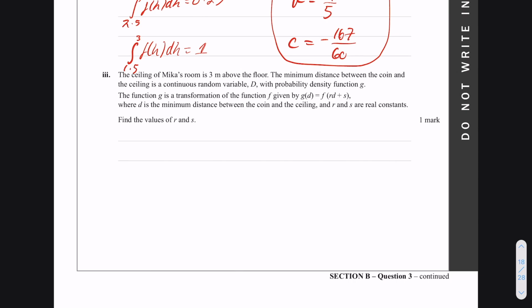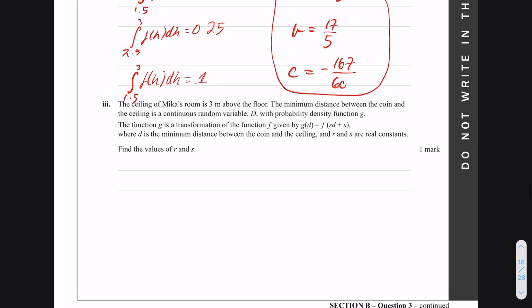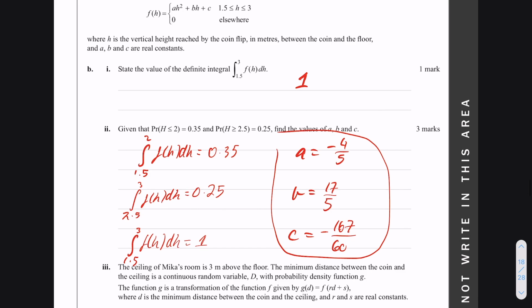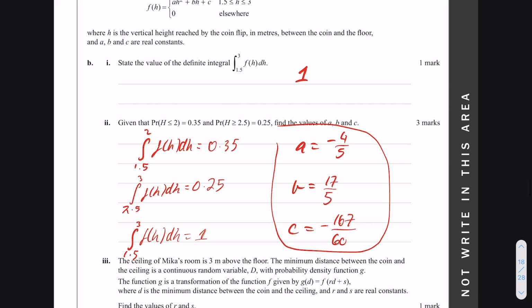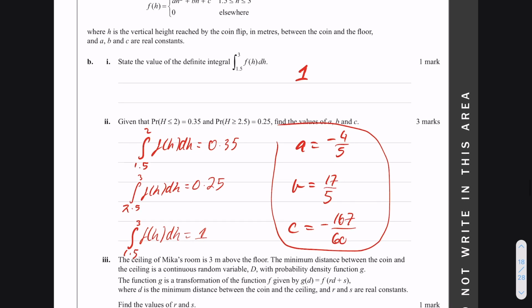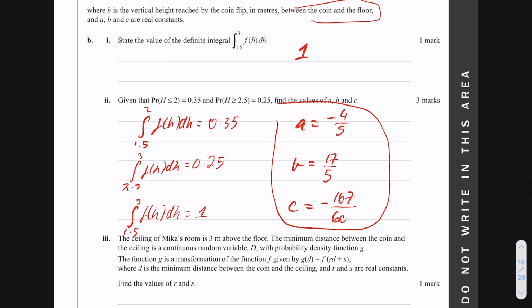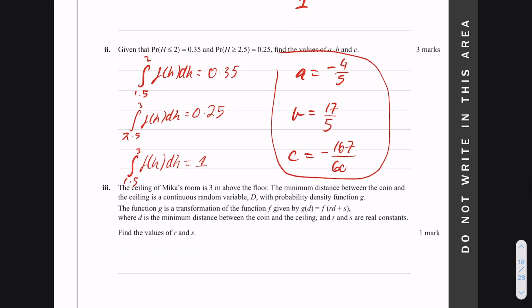R and s are real constants. Find the values of r and s. So, the original was from the coin on the floor. So the height from the floor to the coin, but G is the ceiling to the coin.